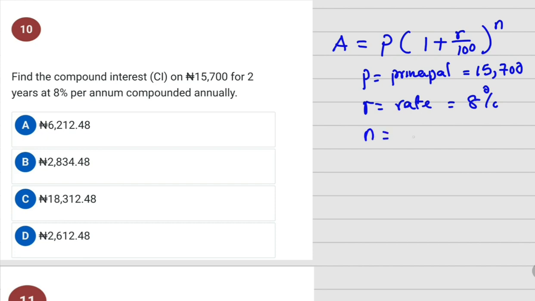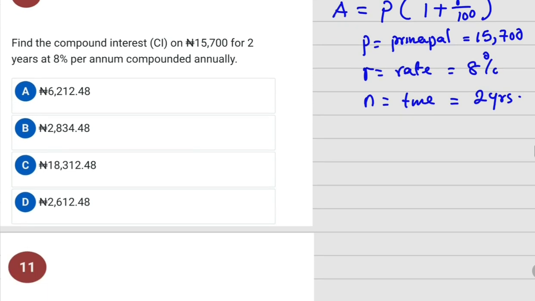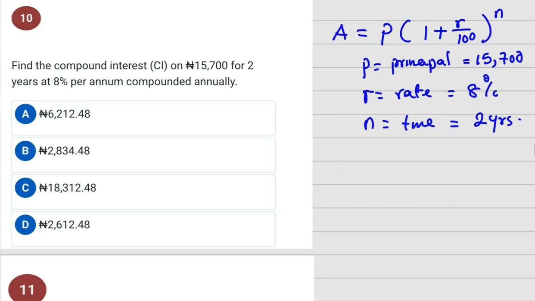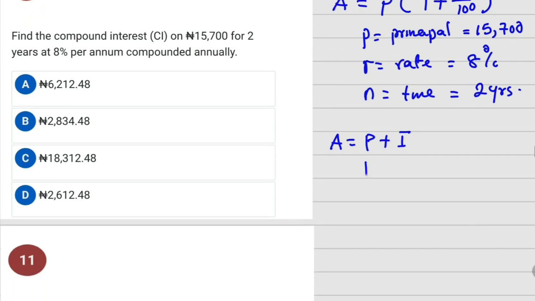Then N is the time, and in this case, the time is 2 years. A is amount. So, let's apply the formula. Let's understand that amount is actually principal plus interest. So in this case, the compound interest I is going to be A minus P.